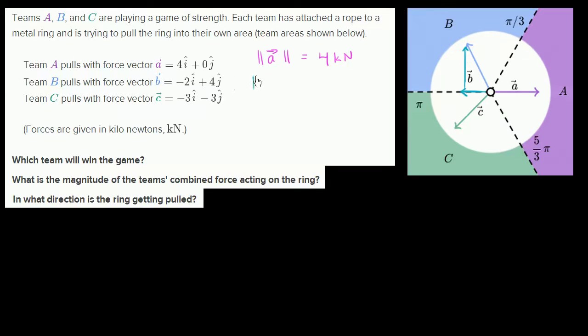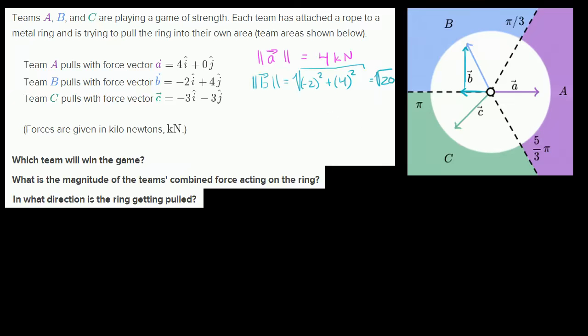So the magnitude of vector B is going to be equal to the square root of negative 2 squared plus 4 squared, the distance formula between the origin and that point right over there. That's 4 plus 16, so this is the square root of 20. And this is definitely greater than 4, since 4 squared is just 16. This is someplace between 4 and 5.